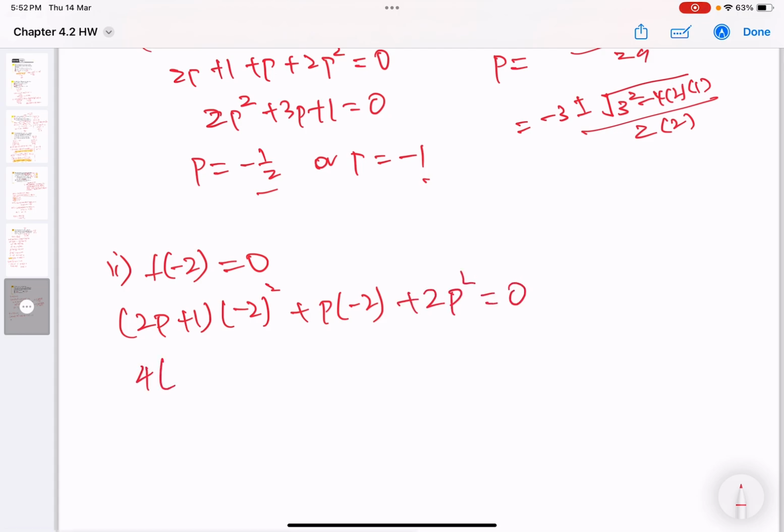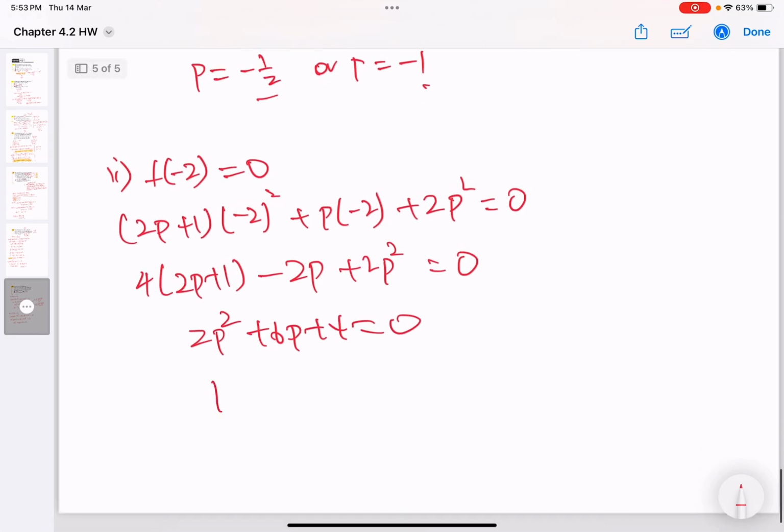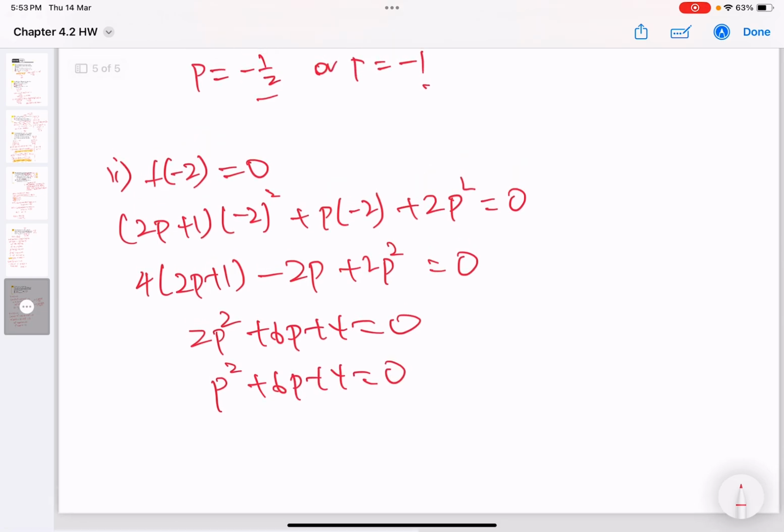Let's expand this: 8p plus 4 minus 2p plus 2p squared equals 0. So I'm going to get 2p squared plus 6p plus 4 equals 0. Divide by 2 throughout: p squared plus 3p plus 2 equals 0. Again, same thing, I can use my quadratic formula. I'm going to get p is negative 2 or p is equal to negative 1.